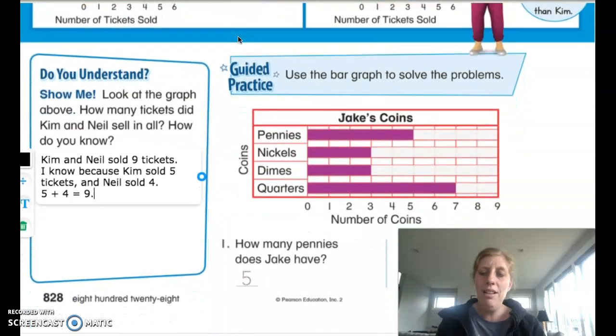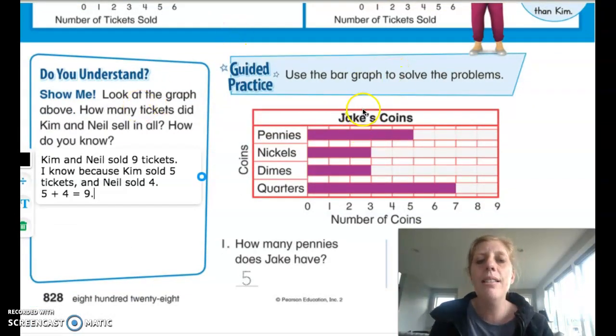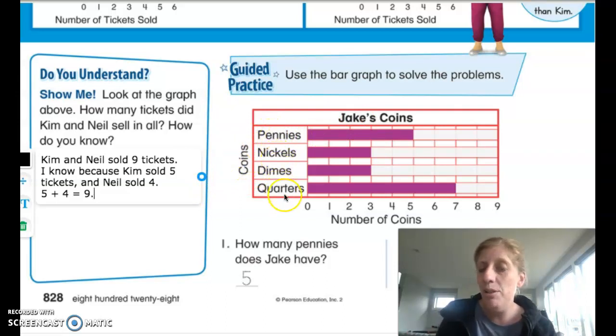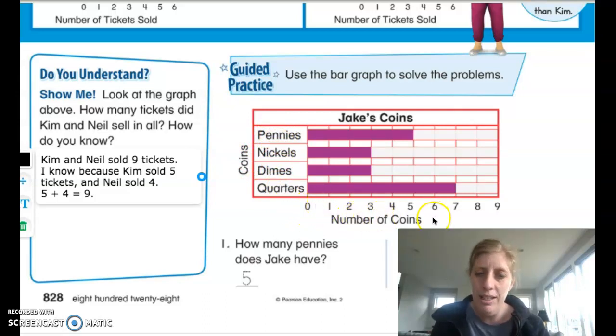Use the bar graph to solve the problems. Okay, so let's look at the title, Jake's Coins. Okay, so Jake took his piggy bank and poured out all the coins and he made a bar graph of all his coins. Over here it tells us what kinds of coins he has. He has pennies, nickels, dimes, and quarters. And here it tells us that these are the number of coins.